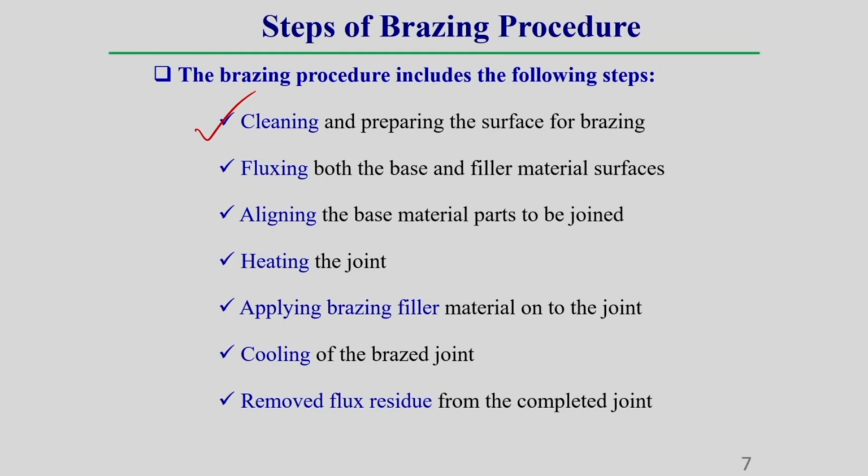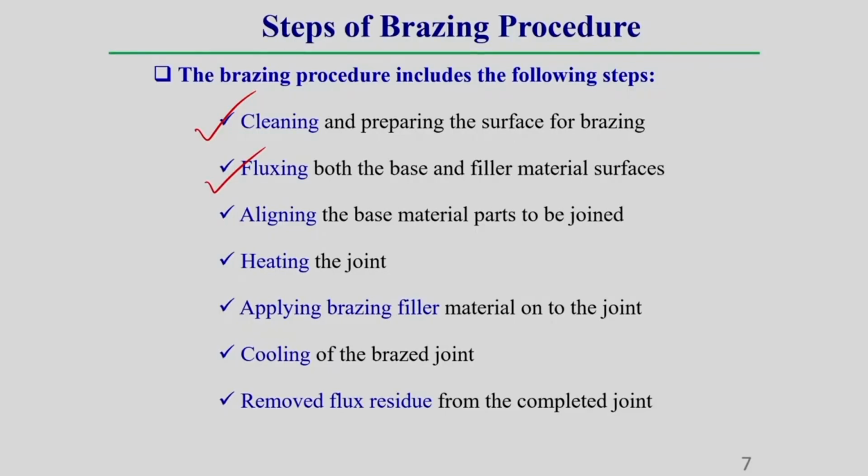The filler wire should have good wettability. Only then do capillary action and joining quality become proper. That is why cleaning of any impurity or oxide is the first step for brazing.